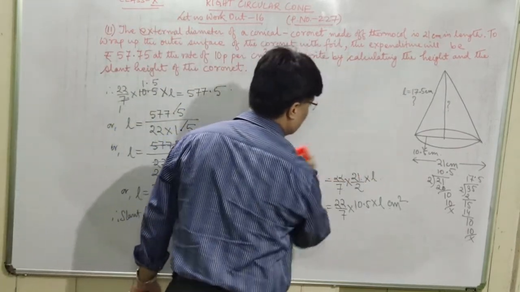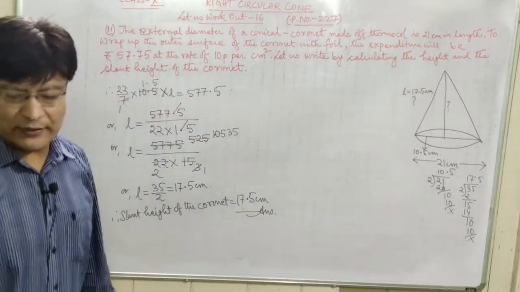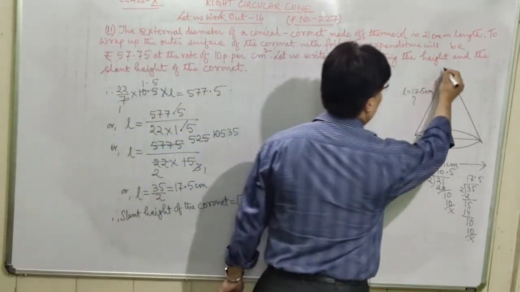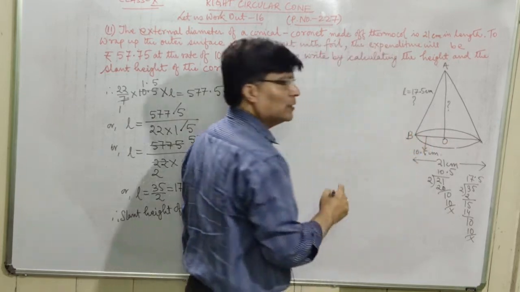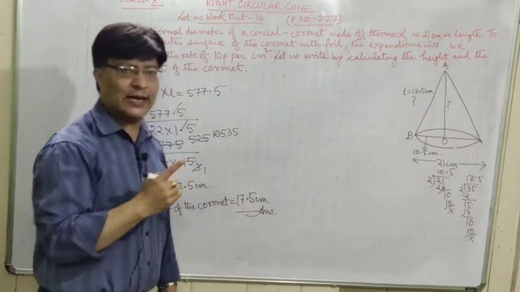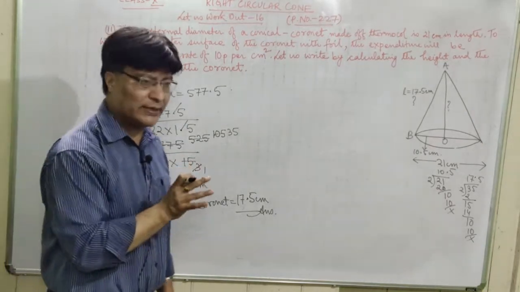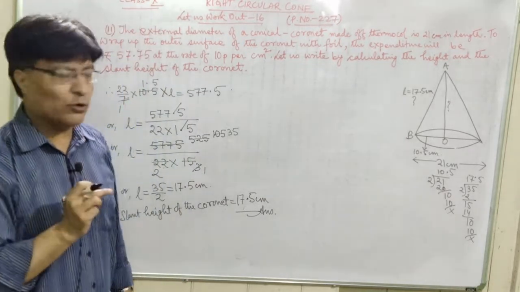So let us find out the vertical height of the conical coronet. Right. So this is A, this is O, and this is B. Here AB is the slant height, that is the hypotenuse. AO is the height, that is the perpendicular, and BO is the radius, that is the base of the right angle triangle AOB.